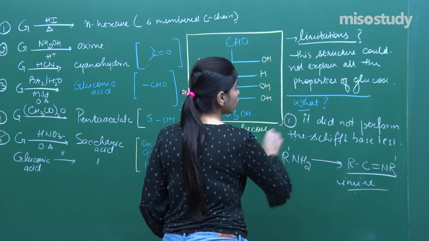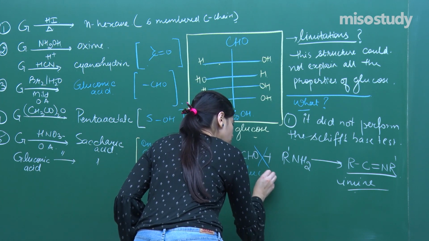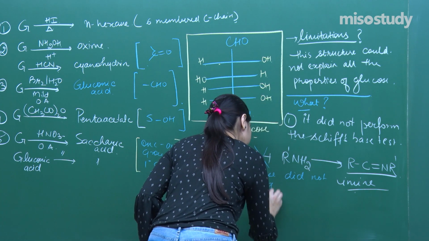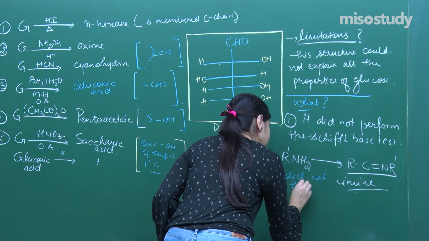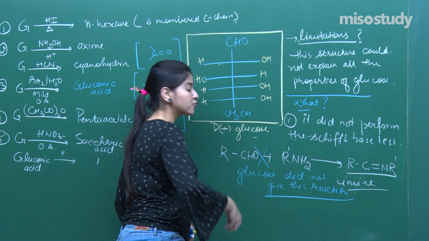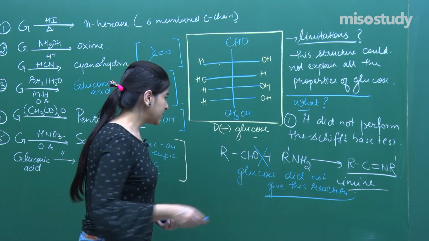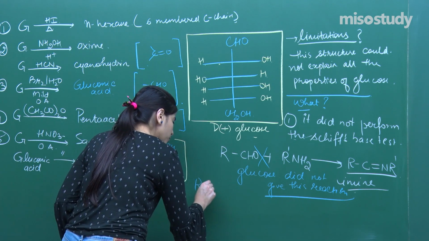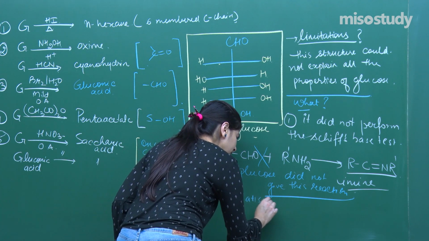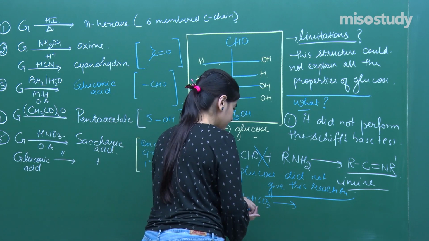But glucose did not give this reaction. And so many other reactions were also not given by glucose. That means whenever we tried to perform this particular reaction with NaHSO3, it did not give any kind of product.